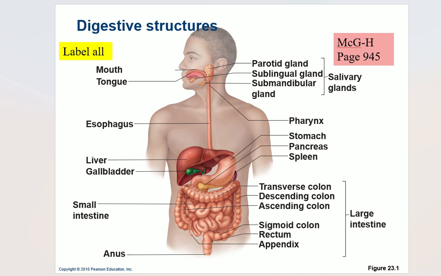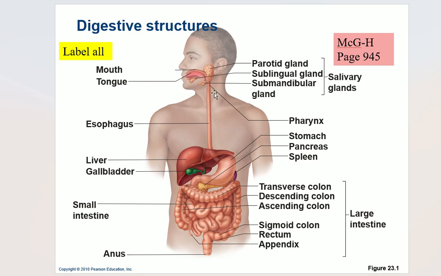These are the digestive structures that we will get into in this lecture. So we've got the mouth, the tongue, and the esophagus, aka the food tube. We have the salivary glands up here, the parotid, the sublingual, the submandibular, the pharynx.